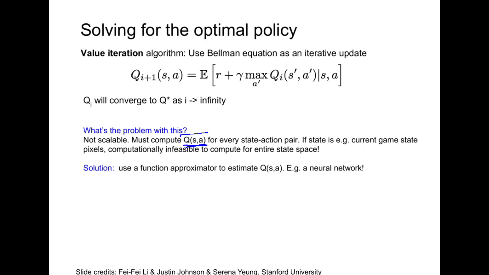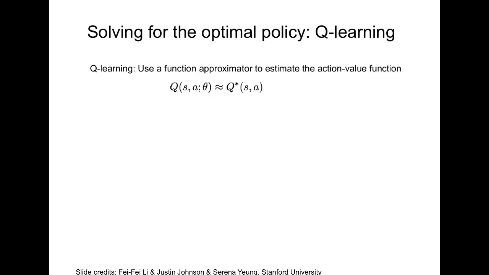So what do we do? We approximate Q of s, a using a neural network. So far what we talked about is just general reinforcement learning without neural networks. But now to learn this we use a neural network. My neural network has parameters theta, and this network takes the state and the action as input and tries to approximate Q star of s, a.